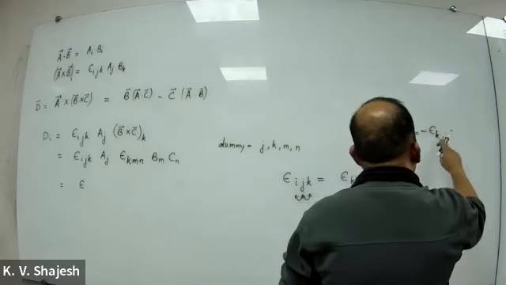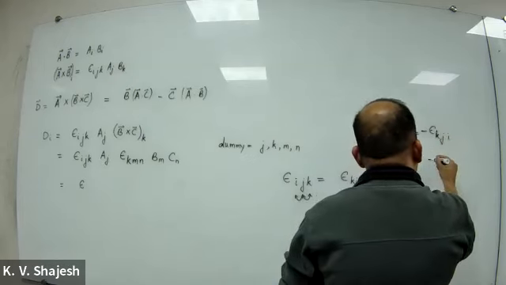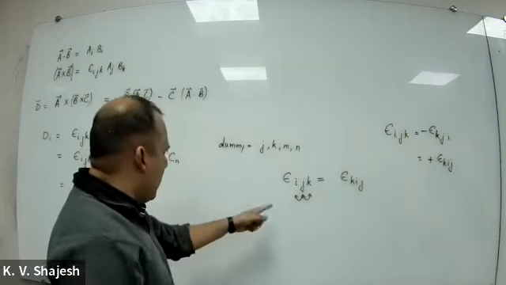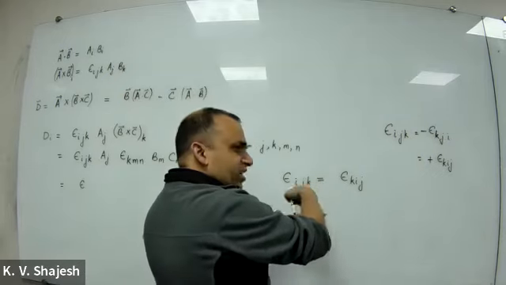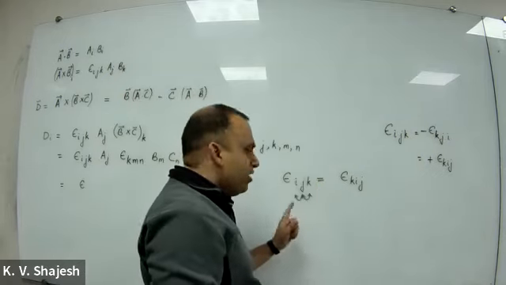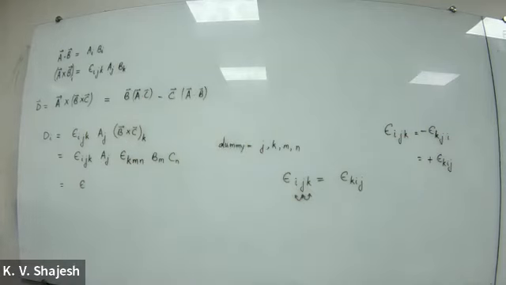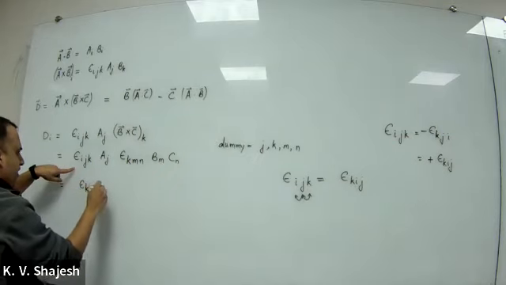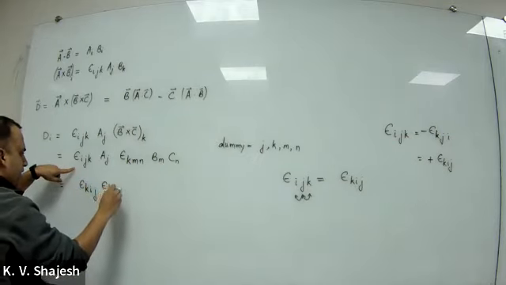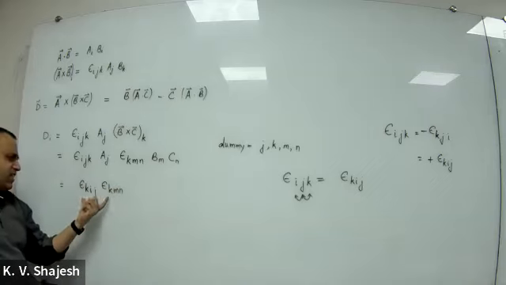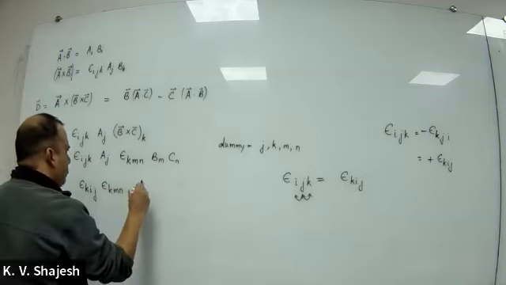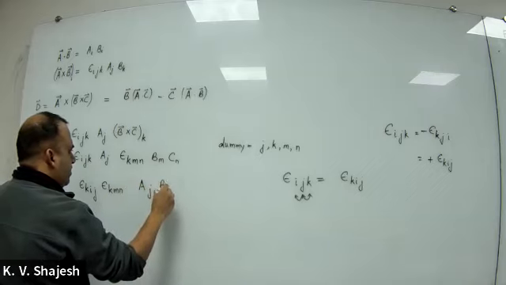Then I'm permuting again I and J, so that's plus K, I, J. Either way, it's K, I, J. So this is the same as epsilon_kij and epsilon_kmn. I've set it so that the first index is the same, and the rest do not match. And there is A_j, B_m, C_n.